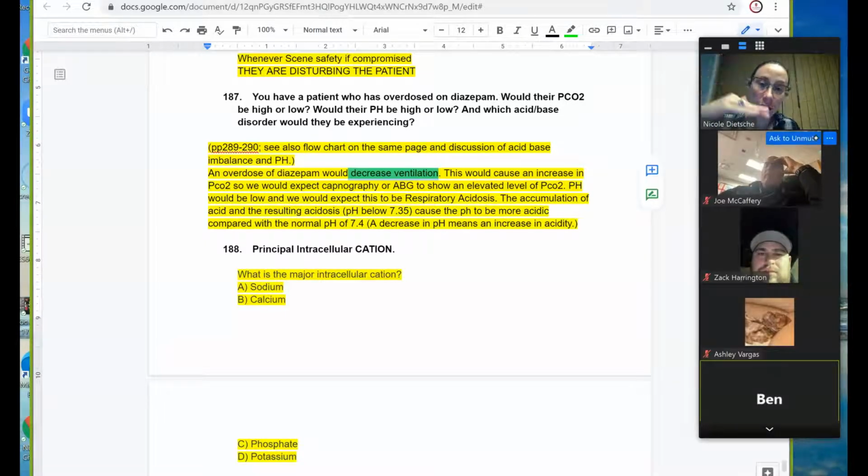If they're not breathing, they're going to be acidotic, which is perfect. Which would mean their pH is going to be up or down? Down, good. And that would be respiratory acidosis. Perfect. That's exactly what you need to know for that question.